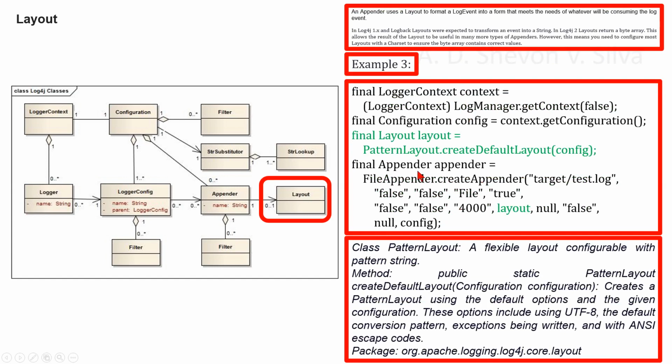Here the class PatternLayout, a flexible layout configurable with a pattern string. The method public static PatternLayout createDefaultLayout(Configuration) creates a pattern layout using the default options and the given configuration.